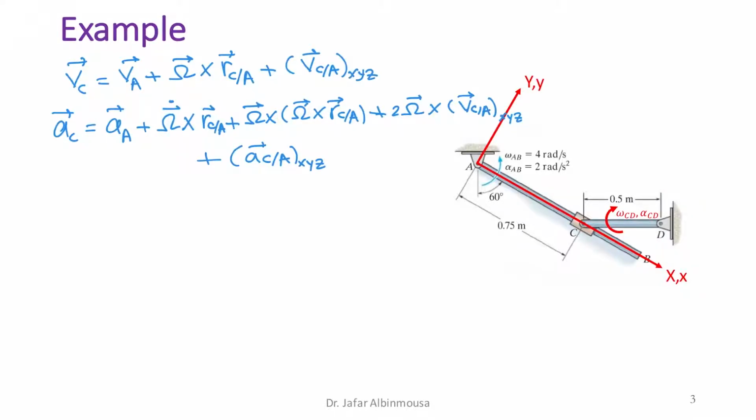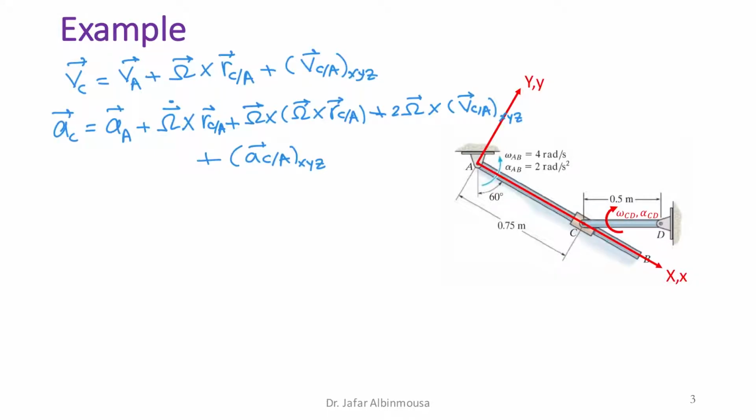So now, let's start analyzing those terms. But before we do that, let me explain why I established the coordinate system as shown here in red. First, point C at this instant is sliding along AB, so we understand that the local coordinate system, small x, small y, would be attached to AB and it will rotate with it.